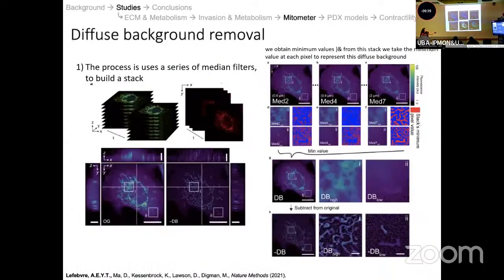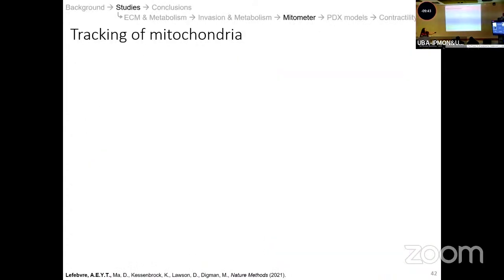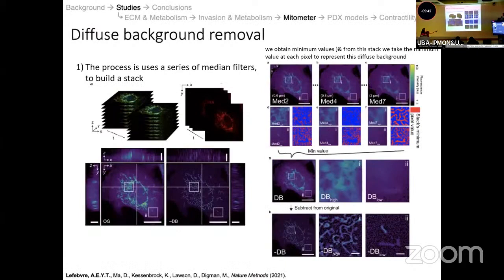So he did this for each individual frame. And I don't have time to go into the details of the algorithm, but it's all published in our paper here. By using a minimization algorithm and a loop iteration calculation, he's able to subtract the diffuse background, and let's say if you have two regions, and this region is a lot of background, but if you subtract the diffused background from here, you get isolated mitochondria, and that's the diffused background from the original image.